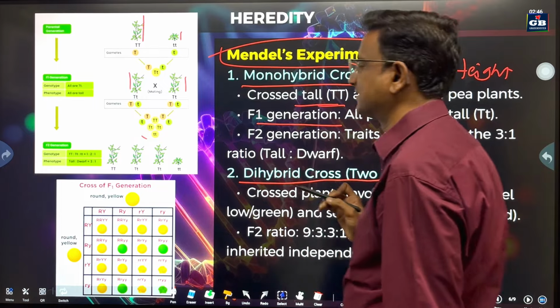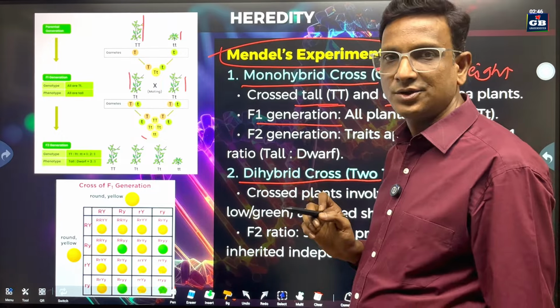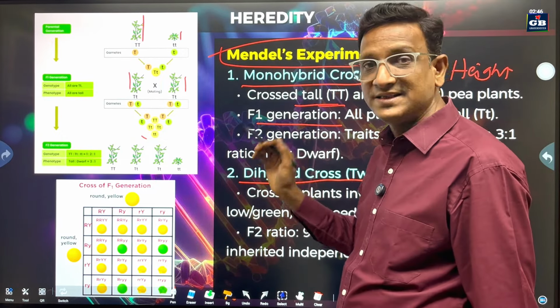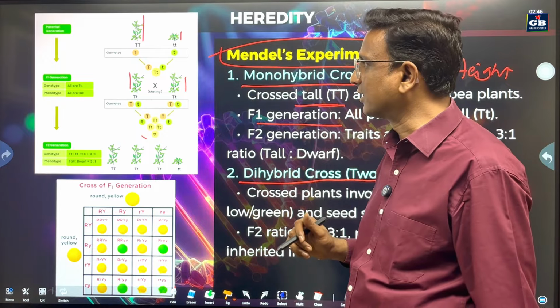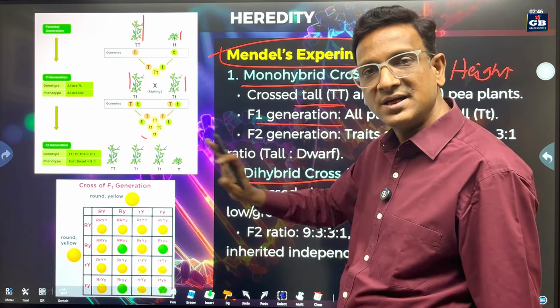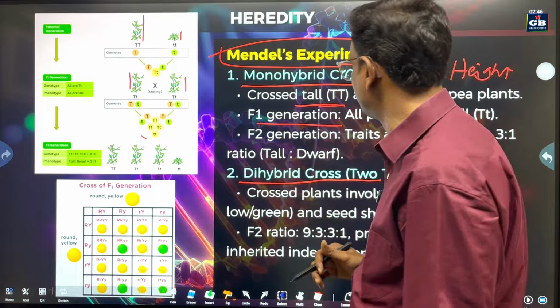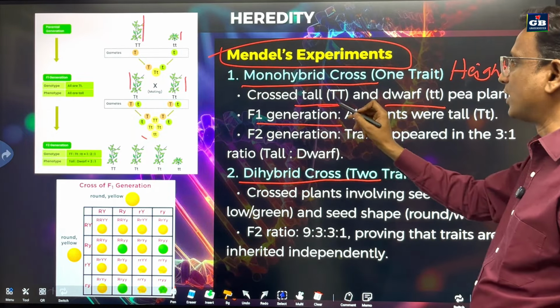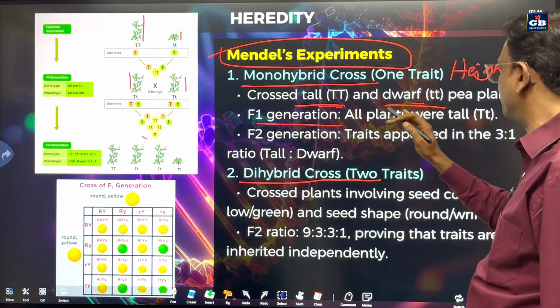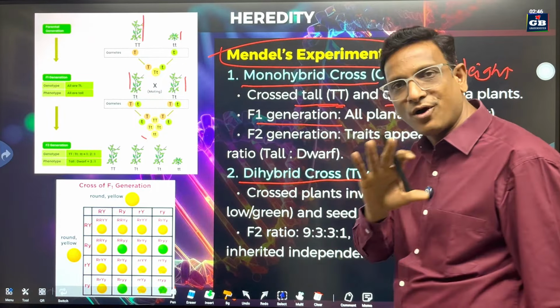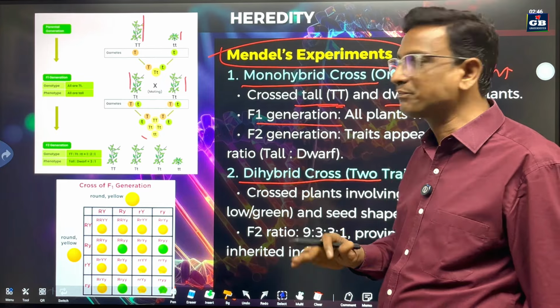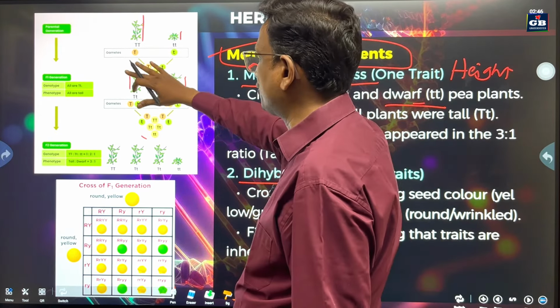They are looking tall, but inside you see the genes, one tall, one short. They are not pure breeds, but all plants are tall in the first generation. So he crossed one tall plant and one dwarf plant of pure breeds and got all tall plants. They are not pure breeds. So that is the first generation.